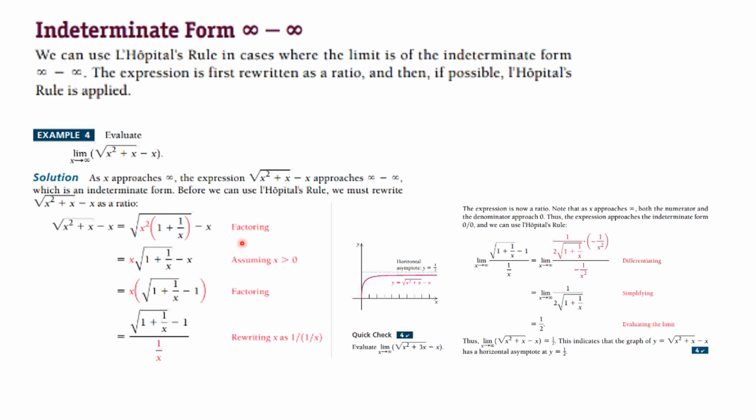So that was factoring. But now the square root of x squared is equal to x if x is bigger than 0, and since we're going to positive infinity, we can assume that. So this is x, and this is the square root of 1 plus 1 over x minus x.